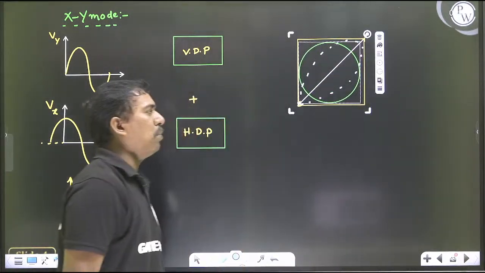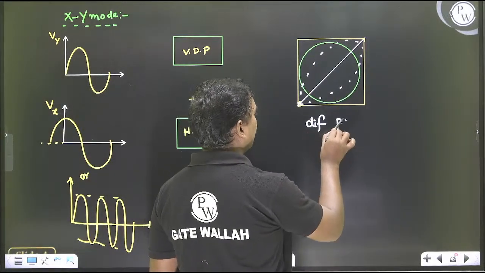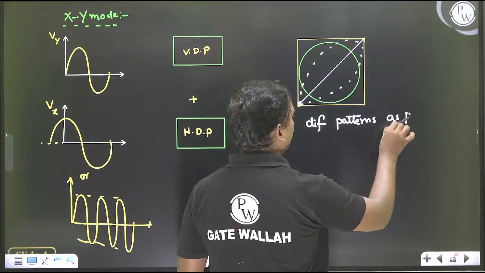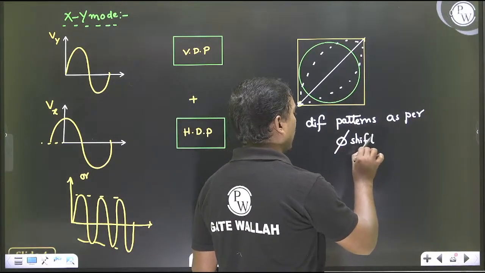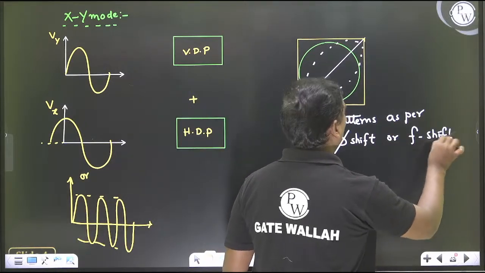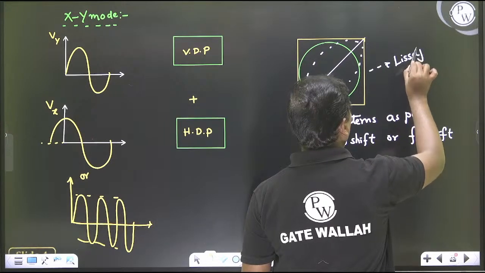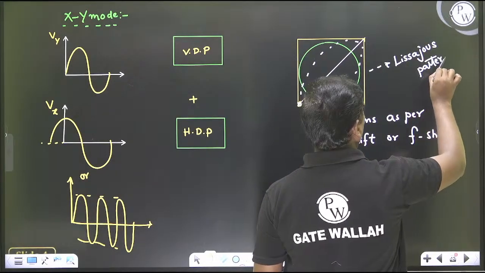These are the different possibilities, different patterns as per the phase shift or frequency shift. These patterns we call Lissajous patterns. What do we call them? Lissajous patterns.